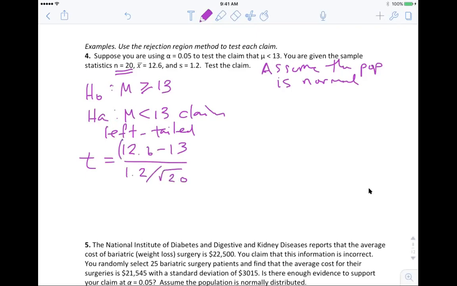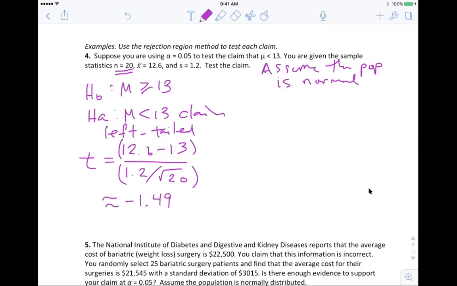So following along with that formula listed above under step 3, get out your trusty calculator. Make sure to put those parentheses around the numerator and denominator to make sure the order of operations gets calculated correctly. And this should be negative 1.49.